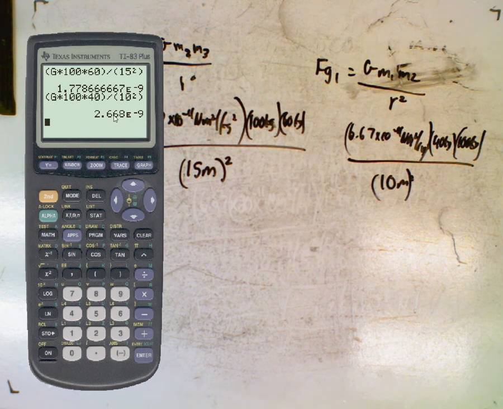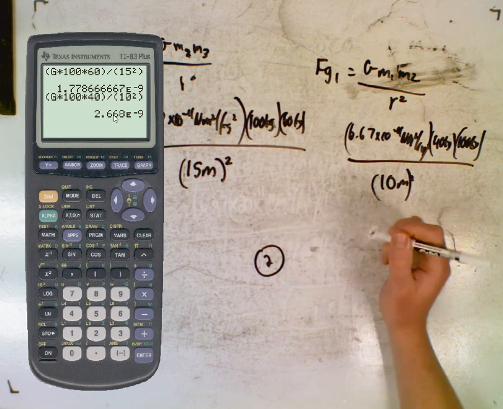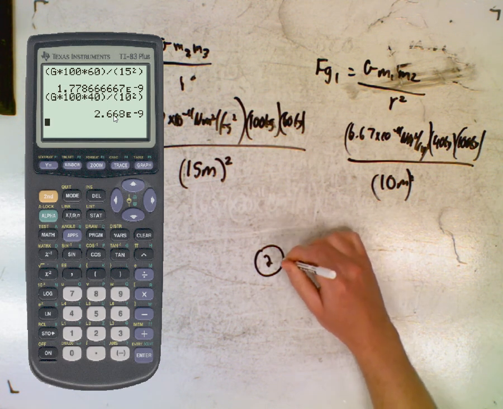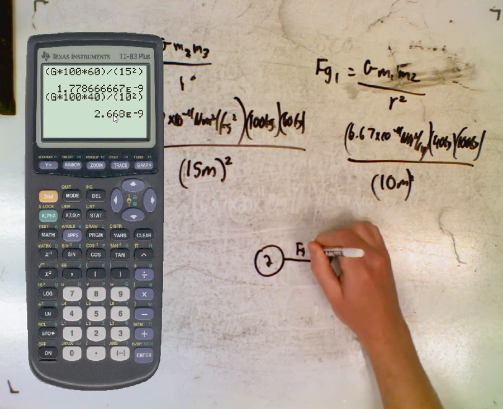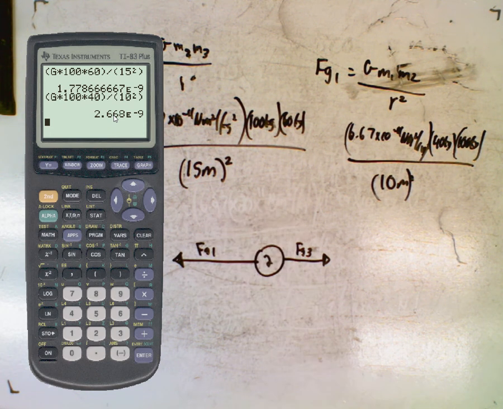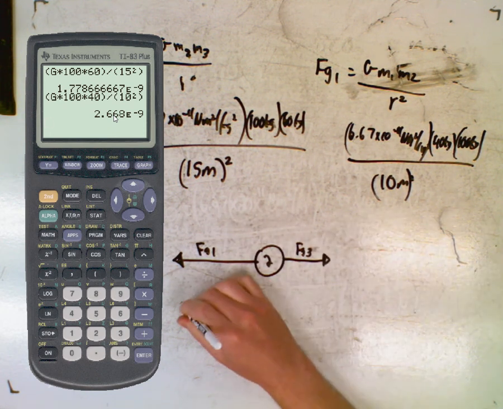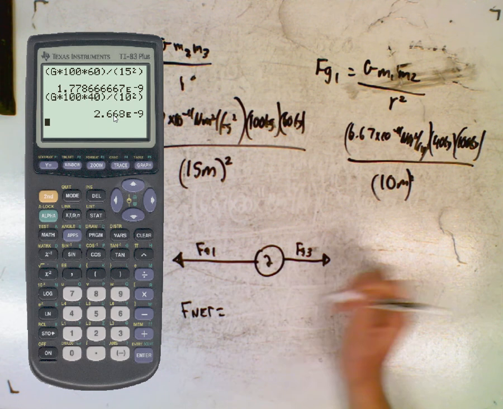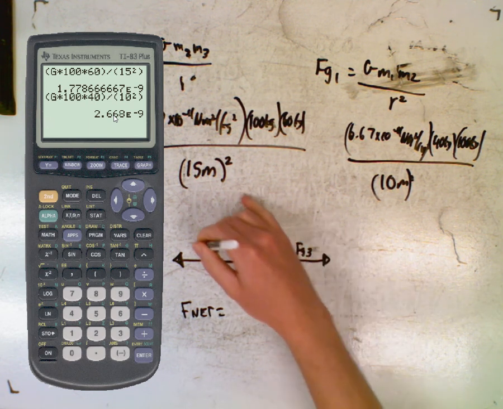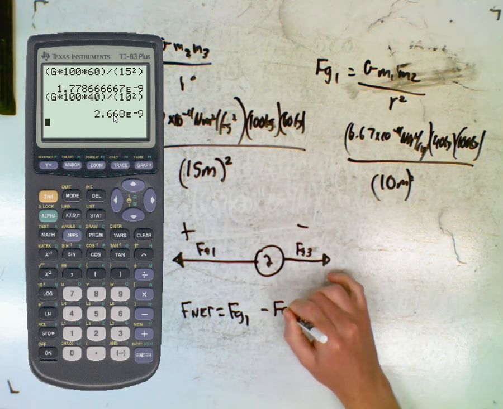Okay, so from here, what that means is we have our mass 2, which is our 100 kilogram mass. It experiences force of gravity 3 that way, and a bigger force of gravity 1 that way. We have two forces acting on an object. We've done this before. We can find our net force. Our net force is just going to be, this one's bigger, so I'm going to make this positive, this negative. Fg1 minus Fg3.